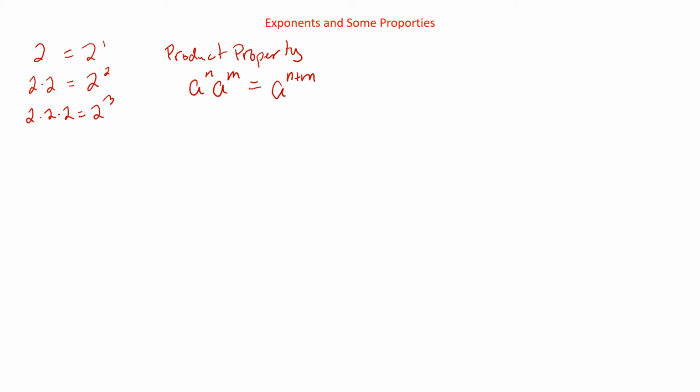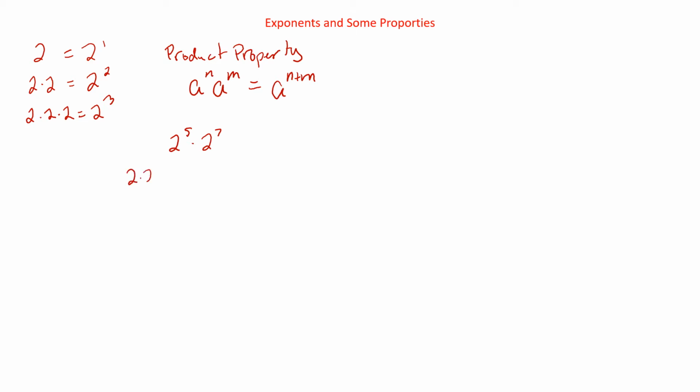And so what this says is if we had 2 to the 5th times 2 to the 7th, well, 2 to the 5th is 5 2's multiplied together. 2 to the 7th is 7 2's multiplied together. If we multiply those together, we just have a string of 2's, right?